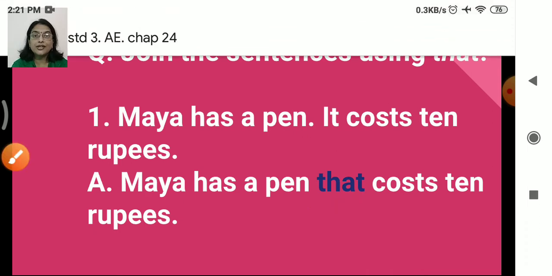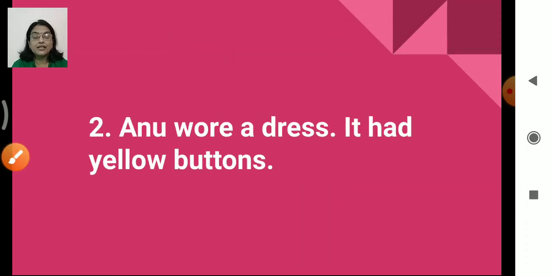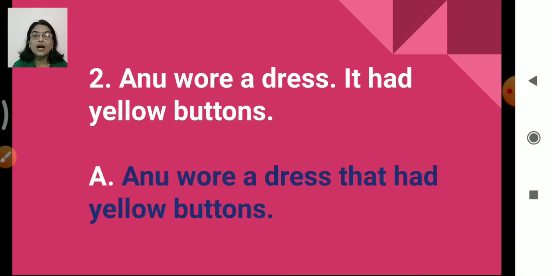Followed by, what is done here? The second one. Anu wore a dress. It had yellow buttons. "It" means what? Dress, right? We are talking about the dress. The dress had yellow buttons. So how to join it? By using what? "That". So what is done? Anu wore a dress that had yellow buttons.